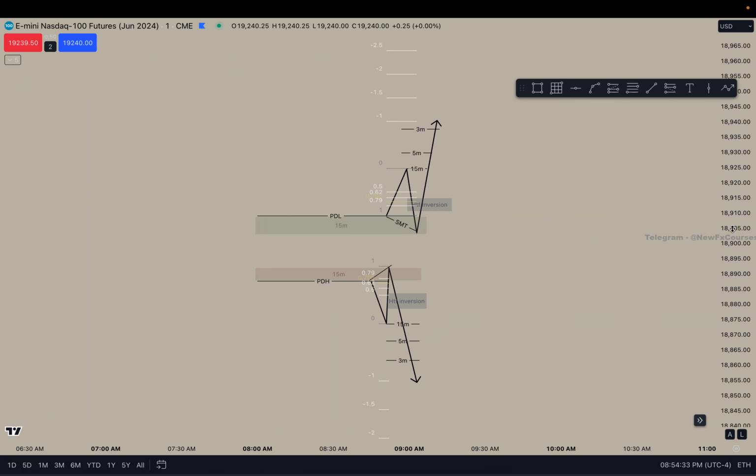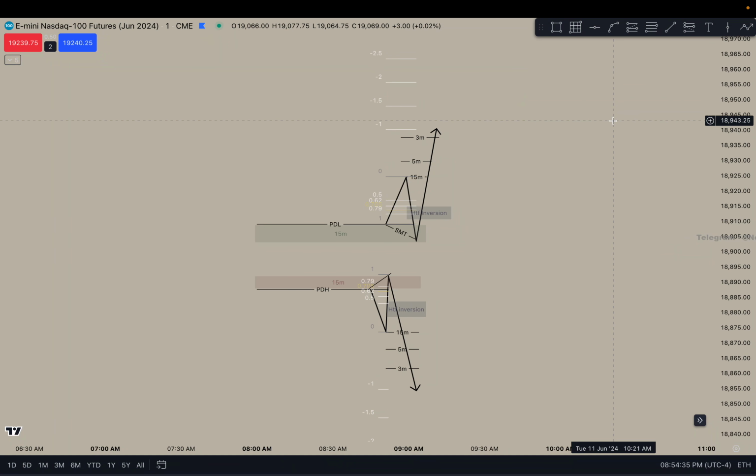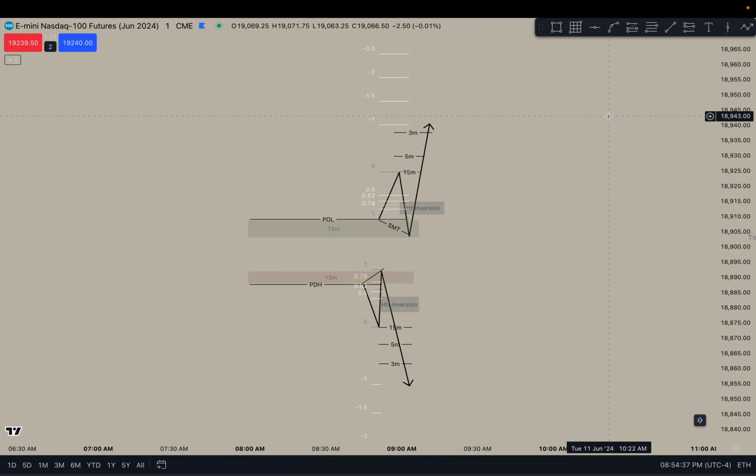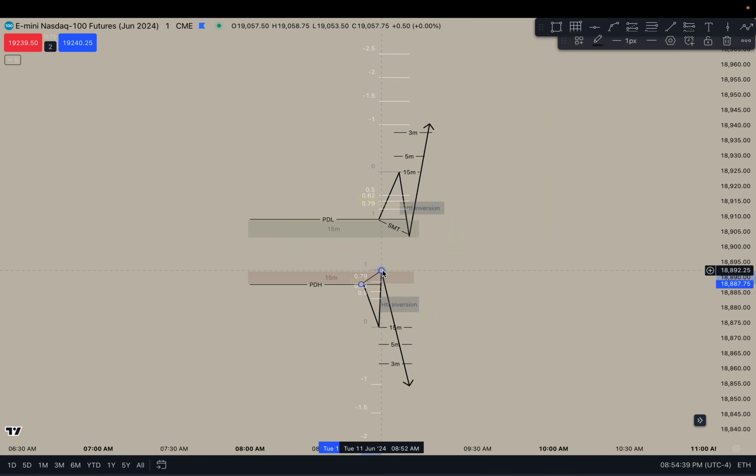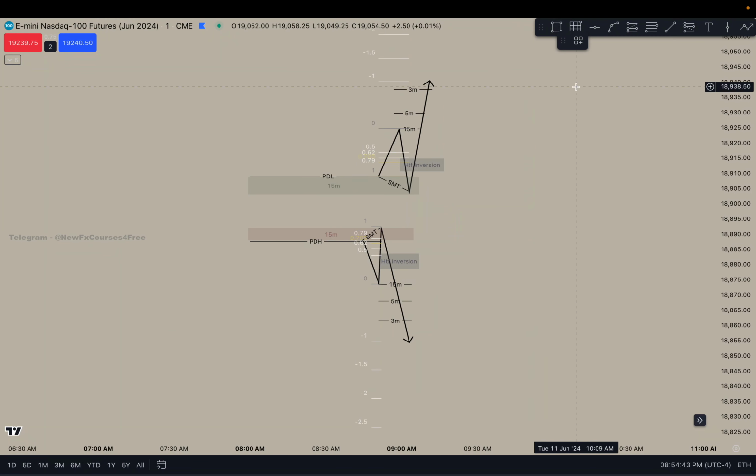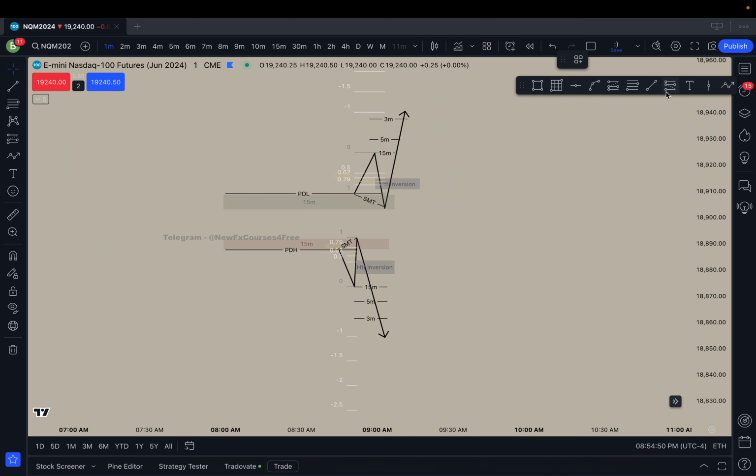Screenshot this. Oh, wait, don't screenshot it yet. I lied. Give me an SMT up here. There you go. And also if there's equal lows. Hold up. Don't screenshot it. Stop screenshotting.